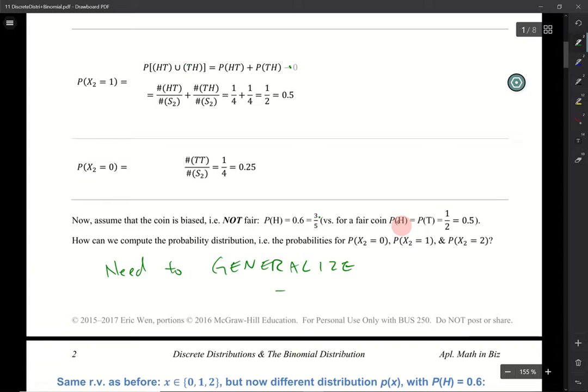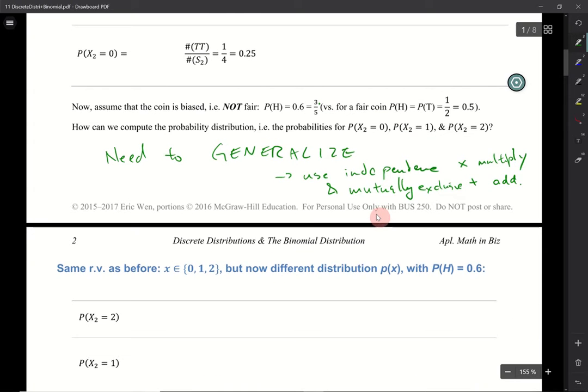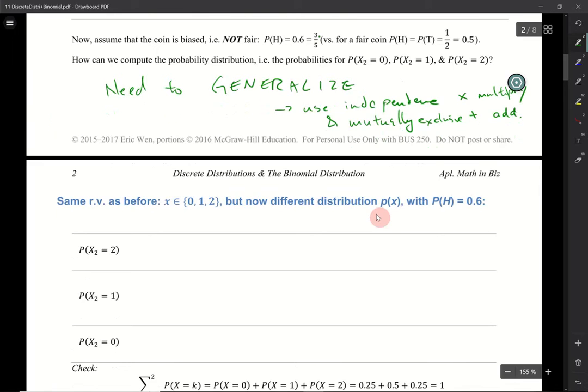Here's where we're going to use independence, so we can multiply, and mutually exclusive, plus, so we can add. So that's how we're building on the ideas from last week.